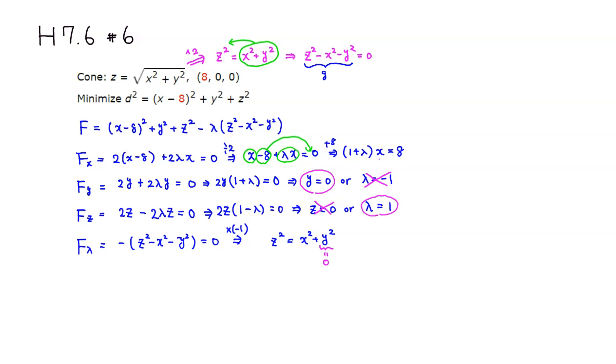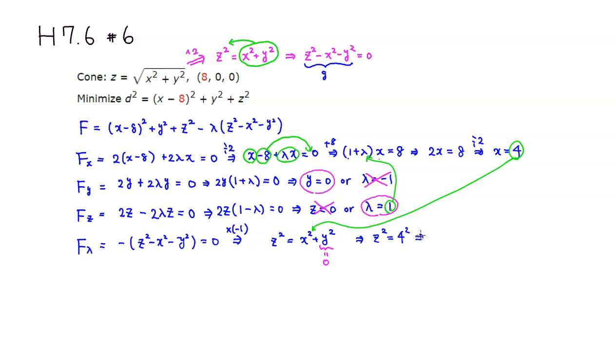Then we can plug this 1 in here to get the equation. 1 plus 1 is 2, so 2x equals 8, and dividing through by 2 gives x equals 4. Then we can plug 4 into this equation, and you have z squared equal to 4 squared plus, of course, 0.